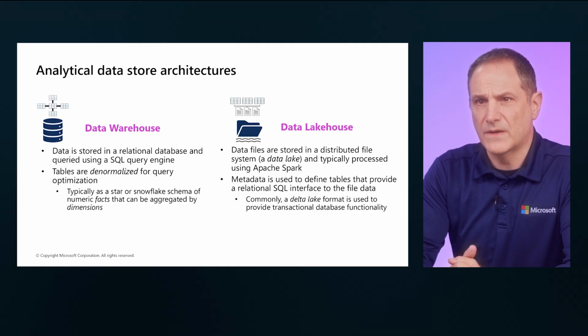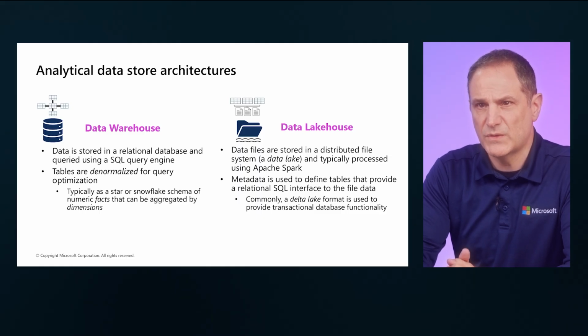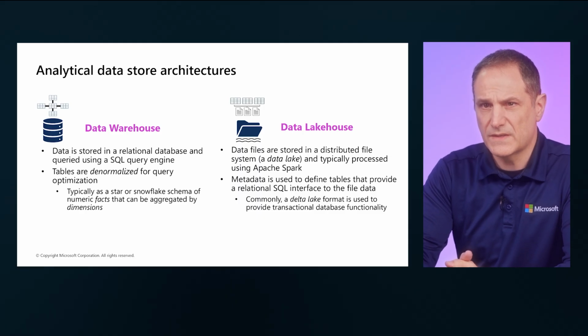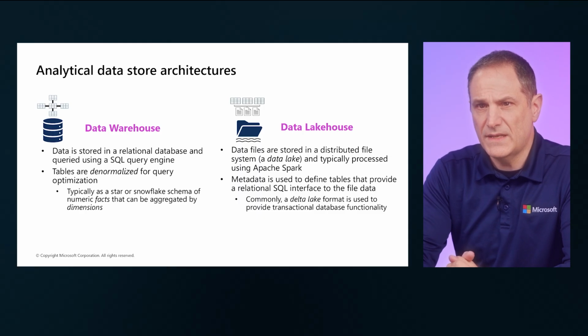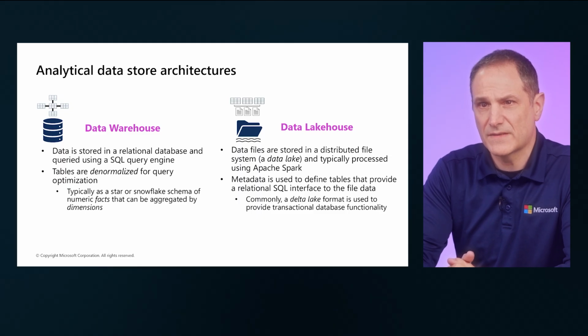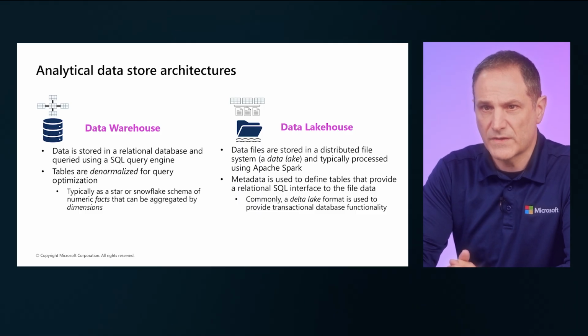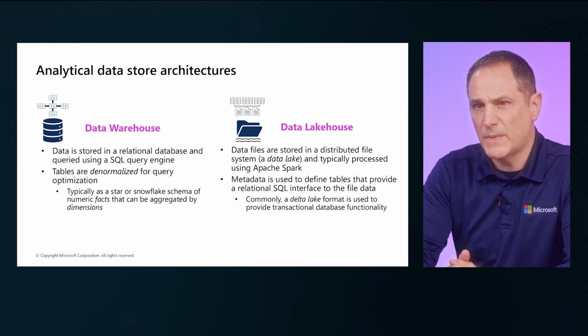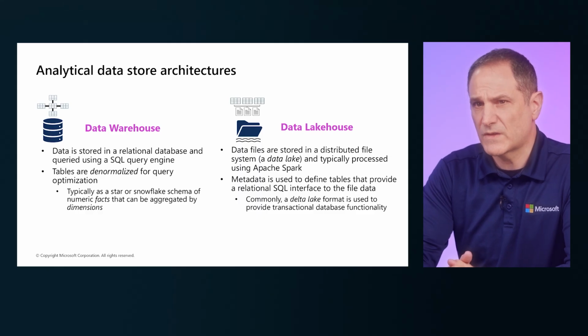As discussed earlier, there are two common ways to implement an analytical data store. The first is a data warehouse. A data warehouse is a relational database that is optimized for analytics rather than transactional workloads. Data from operational systems is typically copied into a warehouse and stored in a denormalized schema that's designed for fast querying.